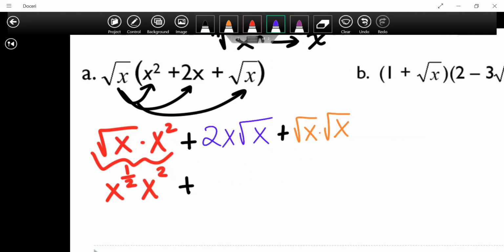Write the next one as 2 times x to the 1/2. And then what's root x times root x? Just x. This one we already know how to apply.